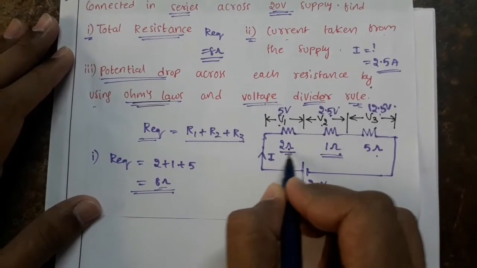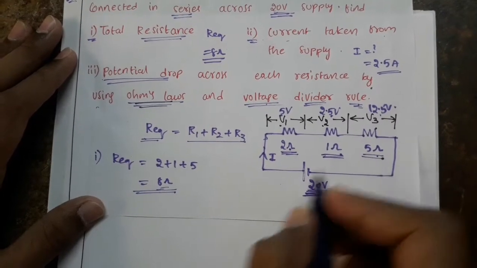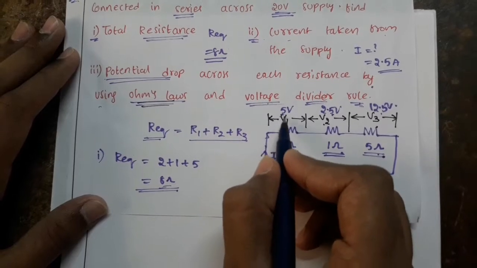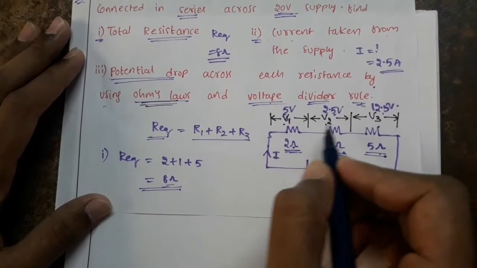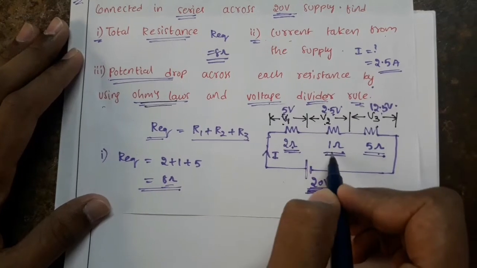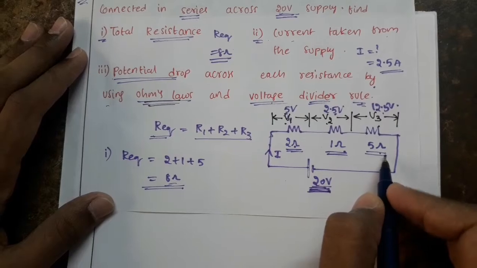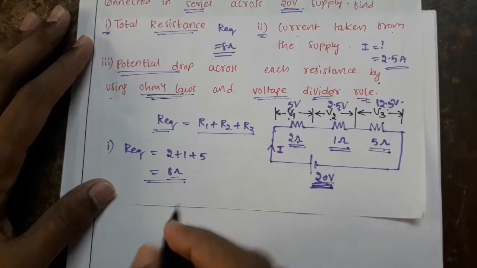First resistance is of 2 ohm, second resistance is of 1 ohm, and third resistance is of 5 ohm, connected to 20 volt supply, and we have to find V1, V2 and V3, where V1 is voltage drop across resistance 1, V2 is voltage drop across resistance 2, V3 is voltage drop across resistance 3, and I is the current flowing through it.